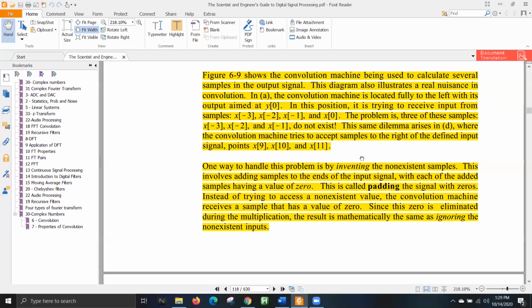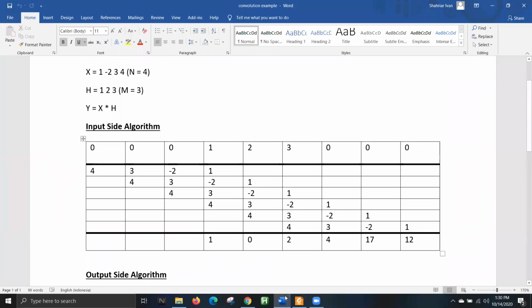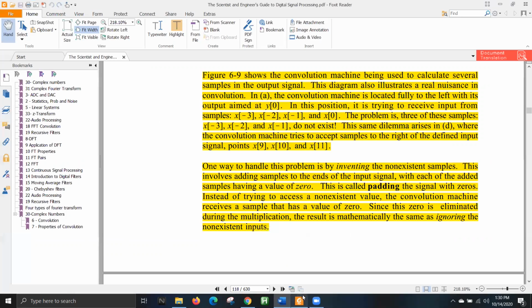You have to flip the impulse response and slide it around with the input, and just by taking this weighted sum of the inputs, you can get each of the values of the output. We will delve deeper into what this means when we see the example of the output side algorithm. But for now, this is just the theory of it.